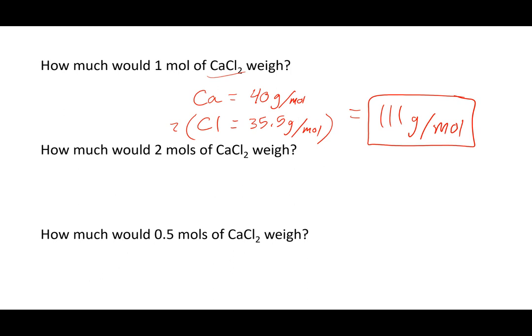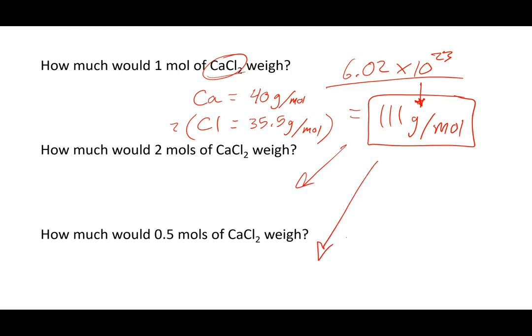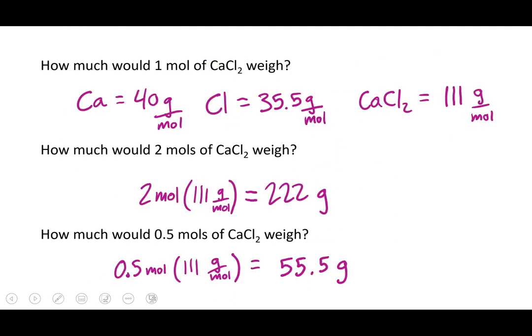If you had Avogadro's number, 6.02 times 10 to the 23rd formula units of calcium chloride, you would see on the balance that it weighs 111 grams. Okay. Of course, you can double this and then you can have it again. I'll show you the math there.